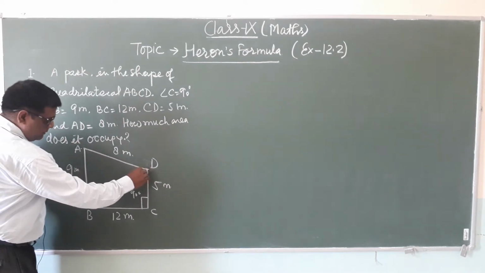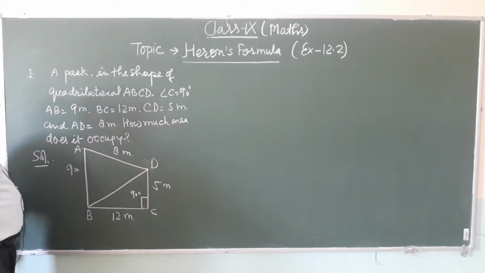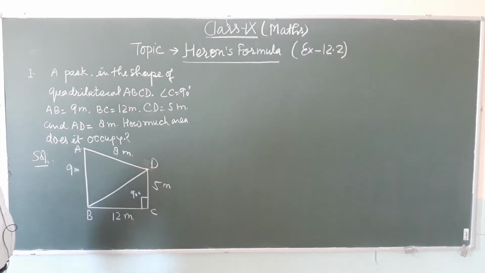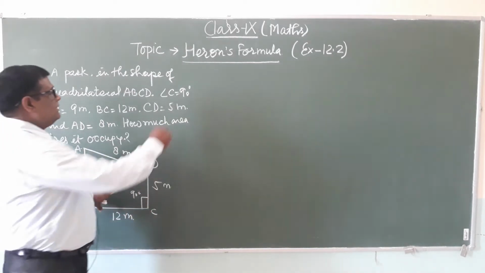This is the diagonal of this quadrilateral, the diagonal BD, and we have to first find the value of BD.